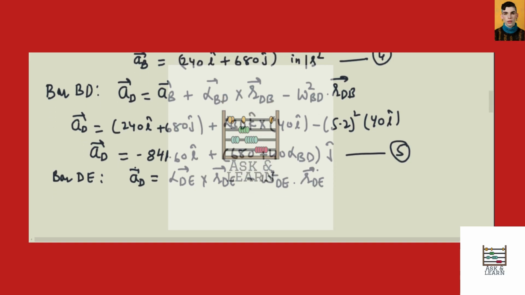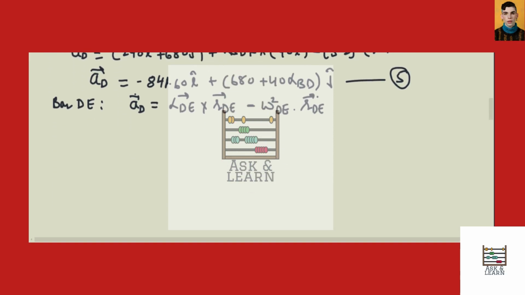Substituting the values, alpha DE k cap cross 20 i cap minus 25 j cap, minus 6.4 whole squared times 20 i cap minus 25 j cap.